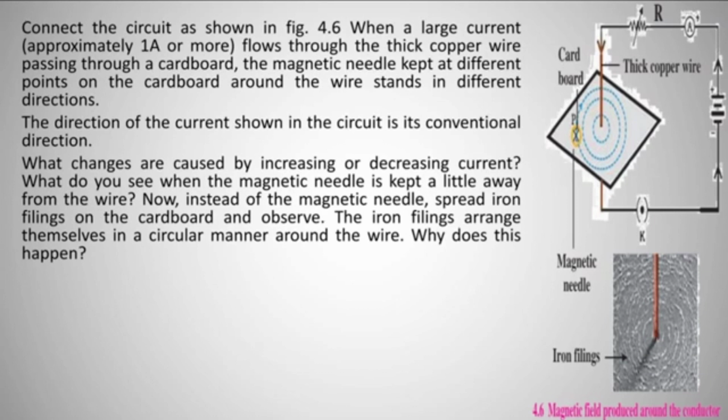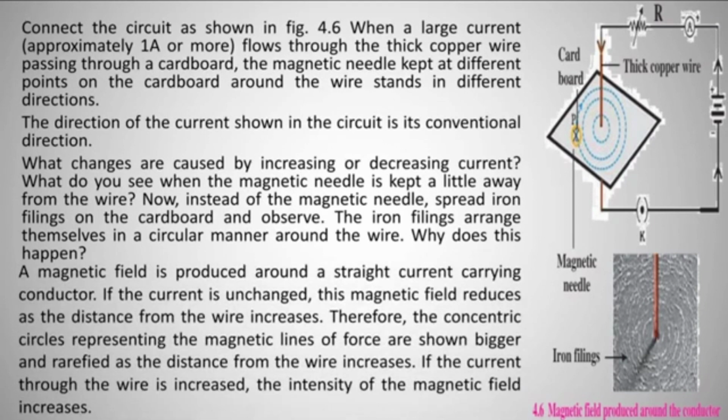Why does this happen? A magnetic field is produced around a straight current carrying conductor. If the current is unchanged, this magnetic field reduces as the distance from the wire increases.